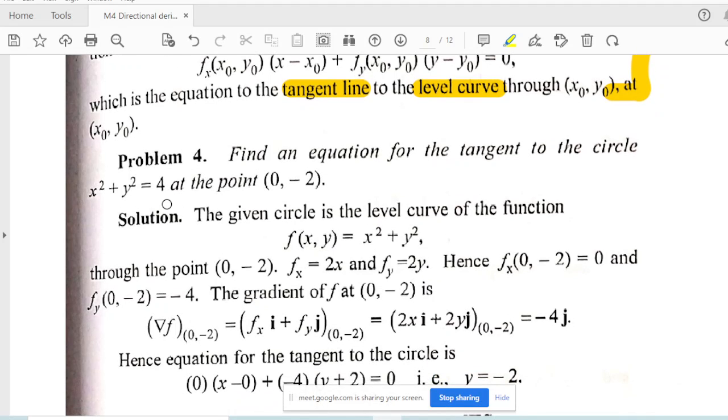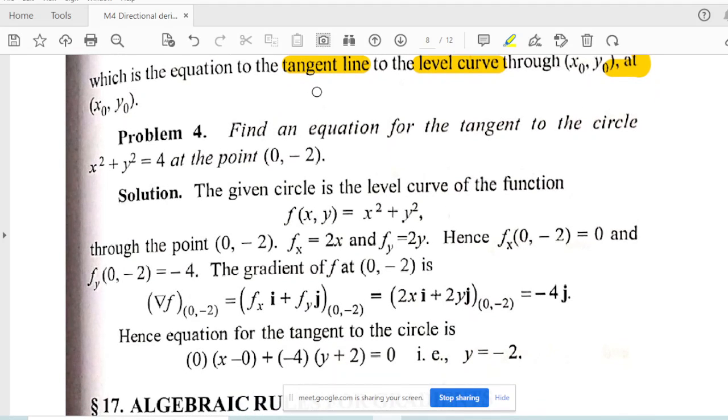So now let us see an example. Find an equation for the tangent to the circle x square plus y square is equal to 4 at the point 0, -2. I said that a function in two variables is always a level curve. So here we can see that our f of xy is f of xy equal to x square plus y square.